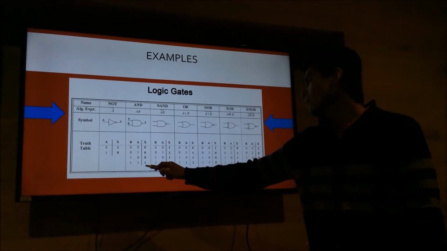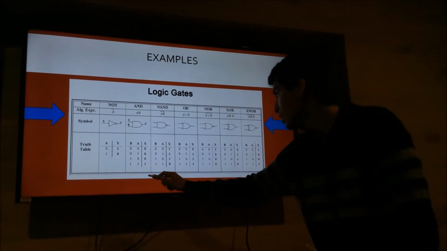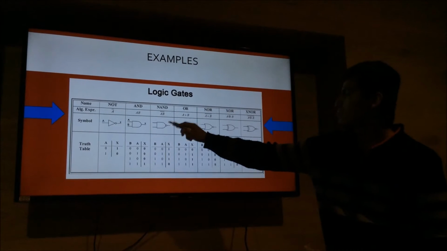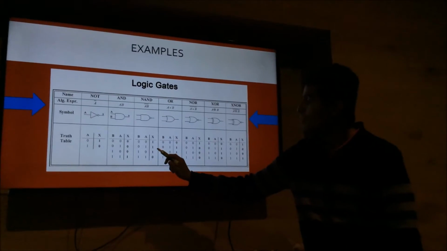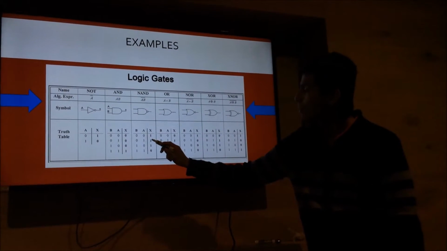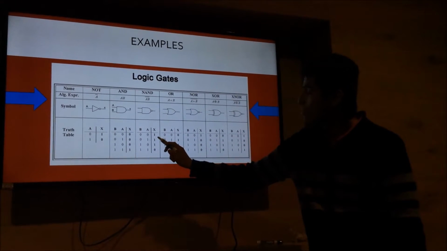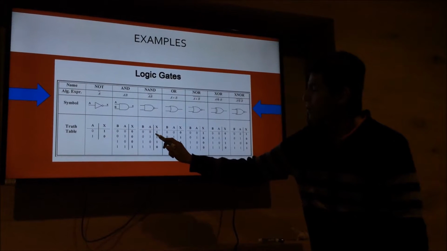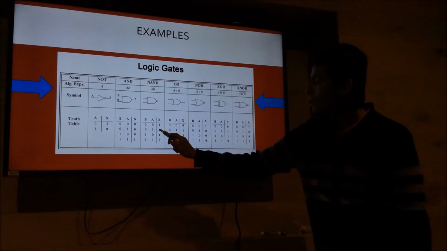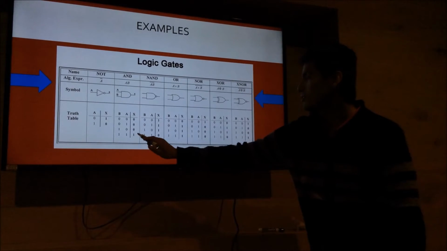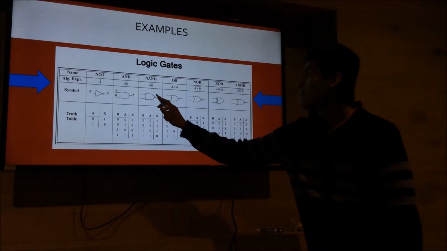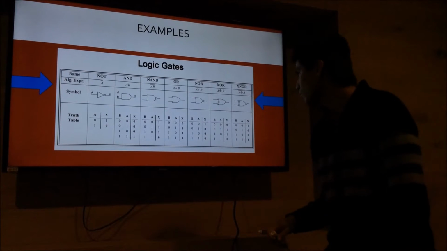It's the same thing unless we have 1 and 1. The NAND is the reverse of the AND. As we can see, with inputs 0 and 0, the output becomes a 1, and it's the same until we get 1 and 1. As you can see, this is very different because it's treated like this symbol.